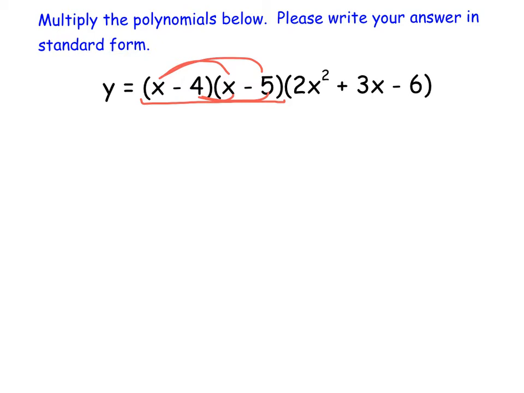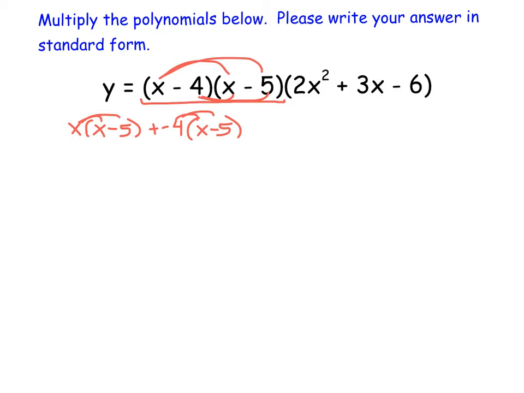Now if you want to write this out in a slightly different way, you can also write this as x times x minus 5, and then the negative 4 times the x minus 5. Really, regardless of the strategy you pick, it doesn't matter. The goal is that you're taking everything in the first parenthesis and you're multiplying it by everything in the second.